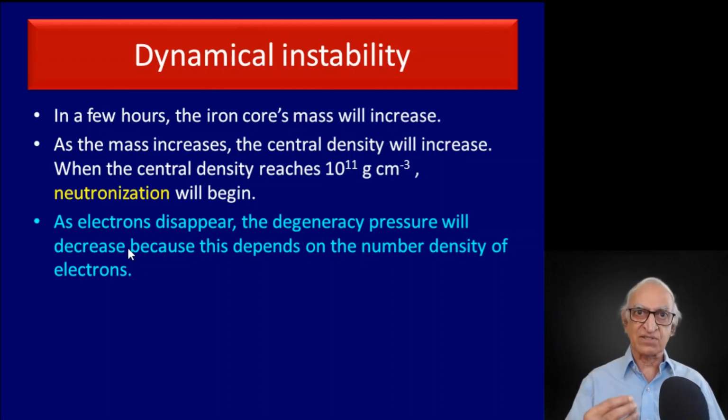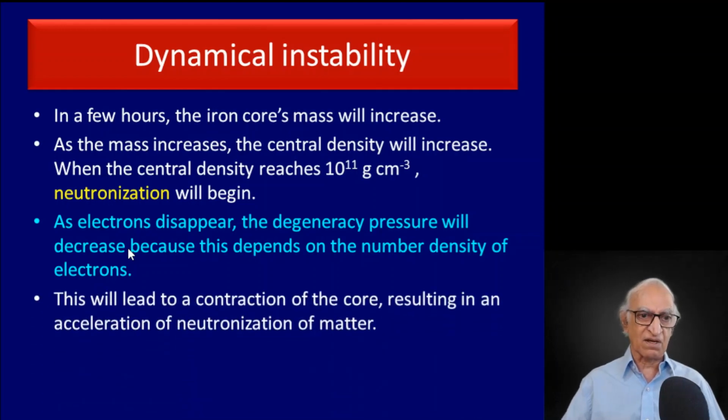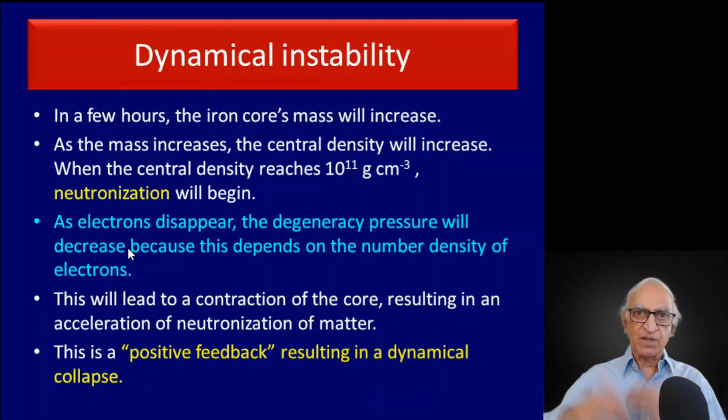Why? Because the pressure of a degenerate electron gas is proportional to density to the power 5/3, or 4/3 if it is relativistic. Therefore, as the density of the electrons decreases, because the electrons are disappearing, the degeneracy pressure decreases, and therefore the core of the star will contract more rapidly, resulting in an acceleration of the neutronization of matter, and there will be a positive feedback.